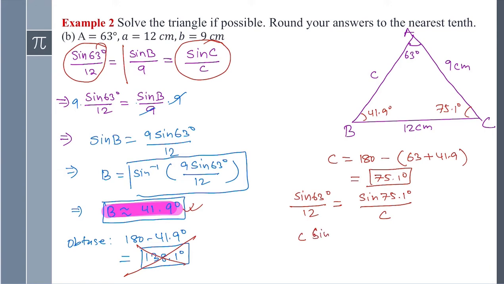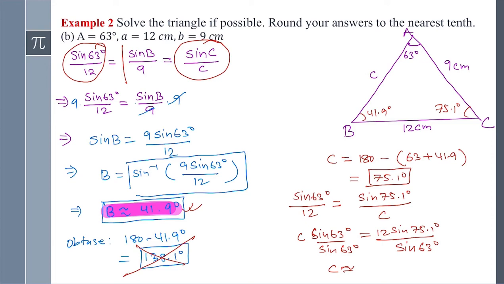So we get C sine 63 degrees equals 12 sine of 75.1 degrees. And then if you divide by sine 63 degrees on both sides, that gives us C equals, if you put that into the calculator, approximately 13 centimeters. So side C is approximately 13 centimeters. So we have all the angles and all the sides, we solved the triangle.